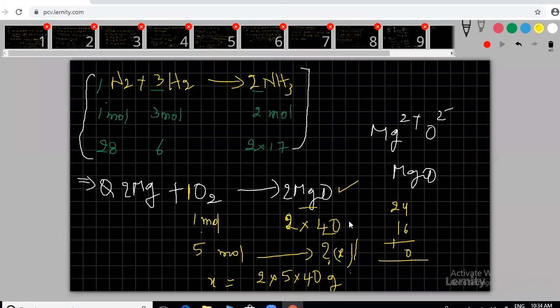Because the question is how much amount, that's why, sir, I'm taking weight. We are doing the mole-weight relation. This is mole and this is weight. In the question I mentioned 5 moles of oxygen, how much magnesium oxide will form? 1 mole will give 2 into 40, then 5 moles will give how much? Then cross multiplication. Just cross multiplication, and I think 400 grams is the answer.